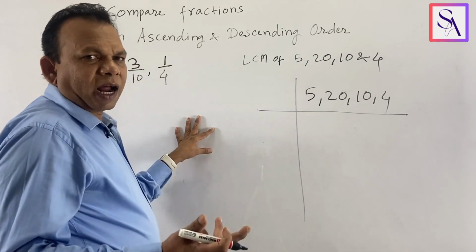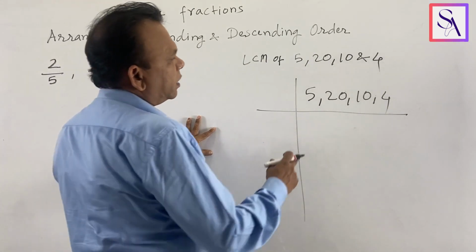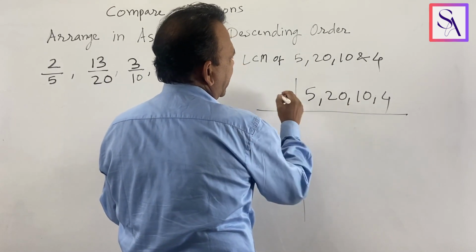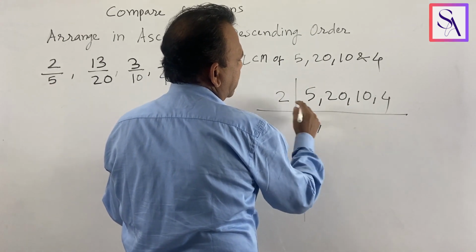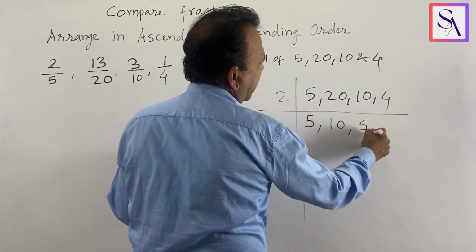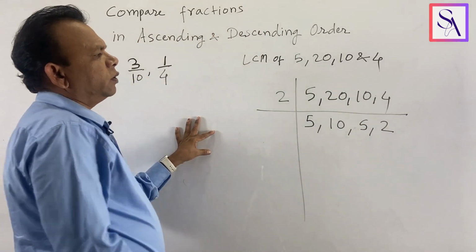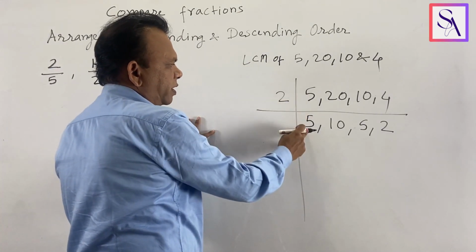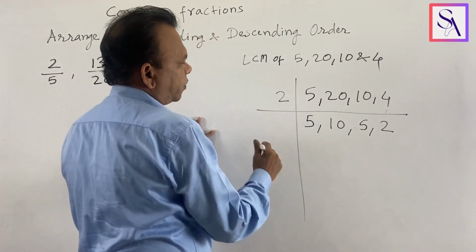I normally start with the number 2, which is the lowest. So 2 can divide 20 and 10 and 4, right? So I can take 2. 5 as it is, 2 10s are 20, 2 5s are 10, 2 2s are 4. 5 is not divisible by 2, hence I take 5 as it is, and I divide the rest of the numbers by 2.